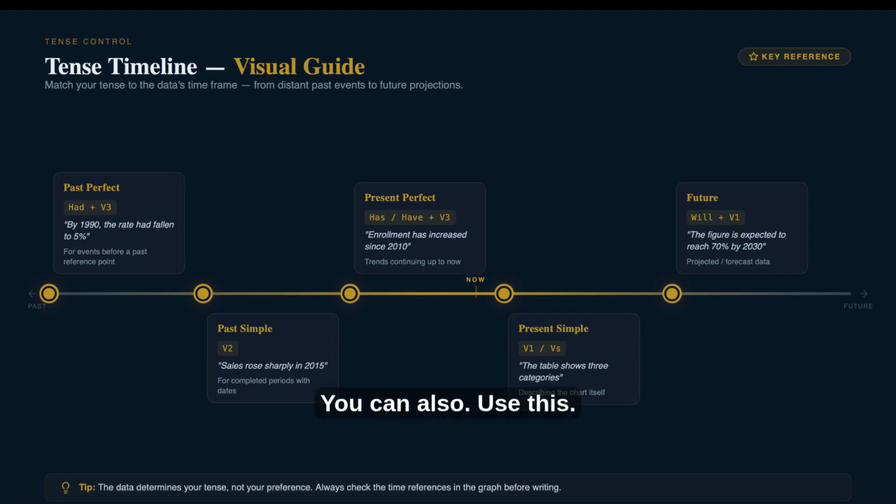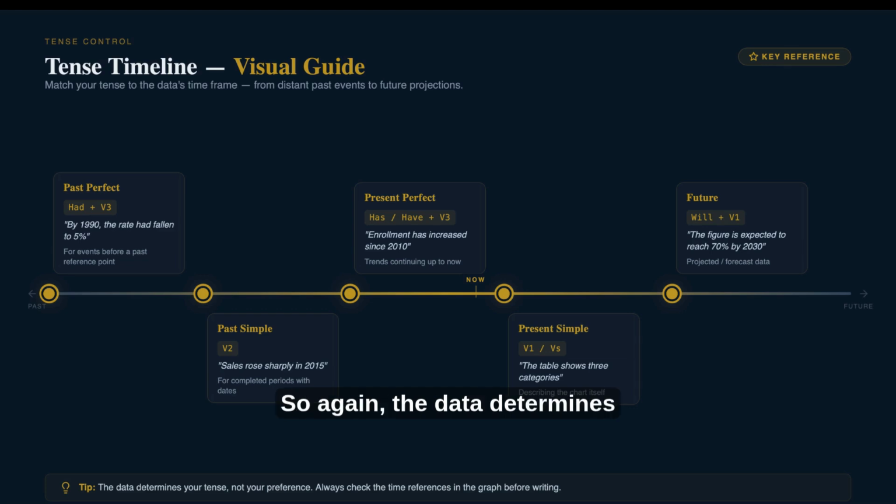You can also use this: the figure will be, or will be expected to reach 70% by 2030. So we use it to project the data for the upcoming years, forecasting the data, right?